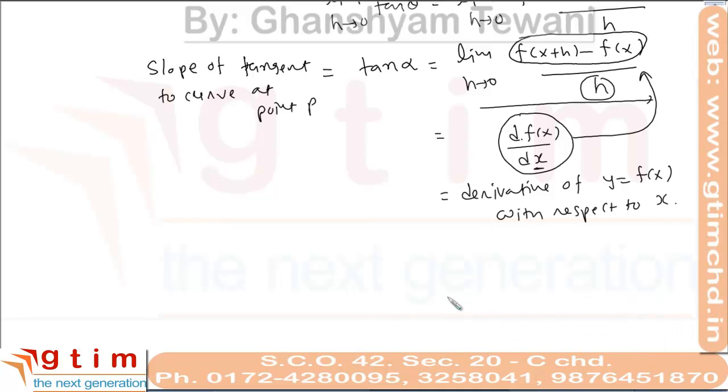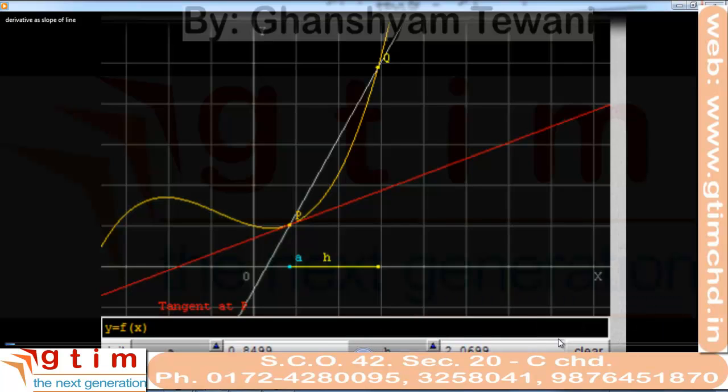Now let's understand this happening from one video. Now see here, there are 2 points P and Q. Initially P and Q are joined like this. Now when point Q is traveling along the curve to approach point P, we have this type of view.